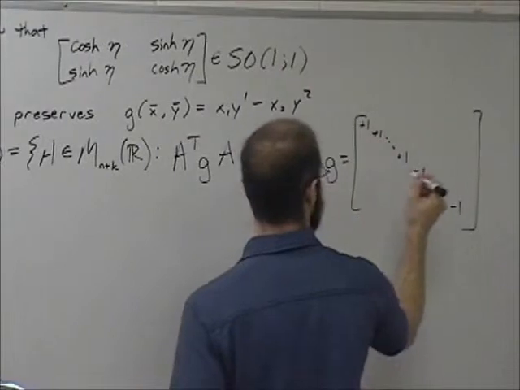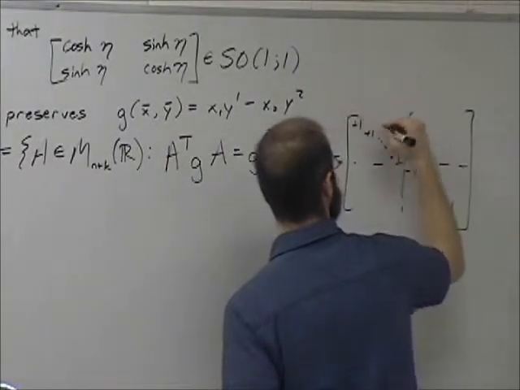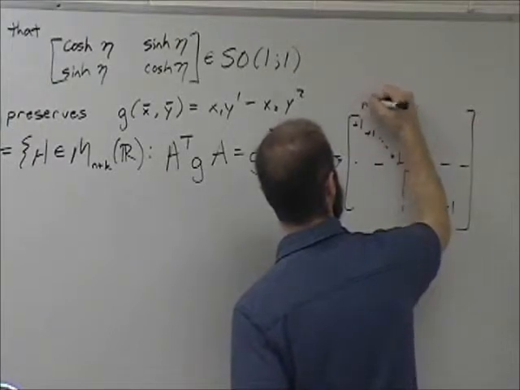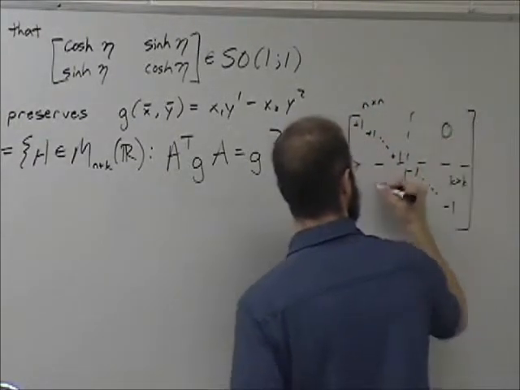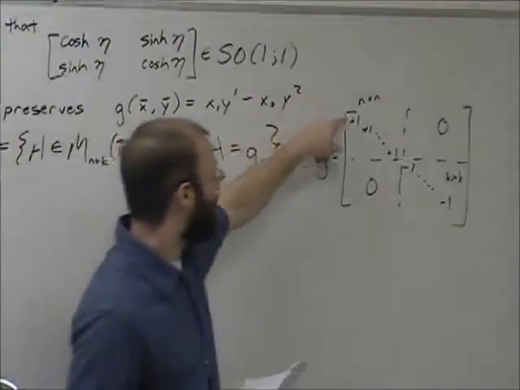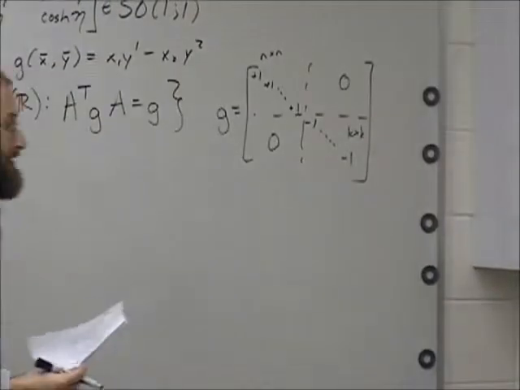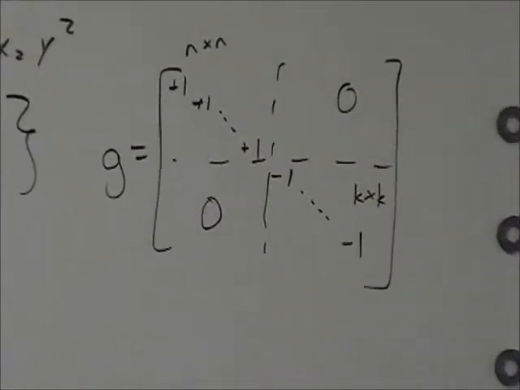So it's an n by n block up left, and a k by k block, and everything else is 0. It's just a diagonal matrix. So you have n plus 1s and k minus 1s. That's your matrix G. This is the closed form of O(n,k).